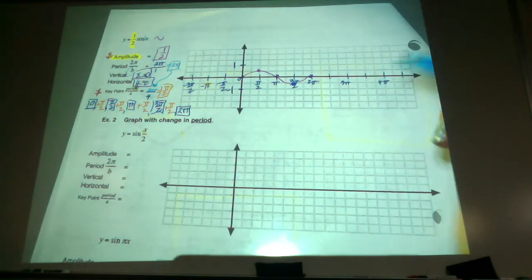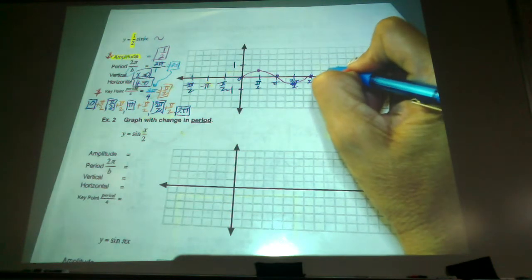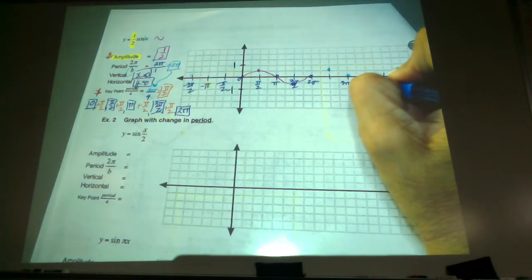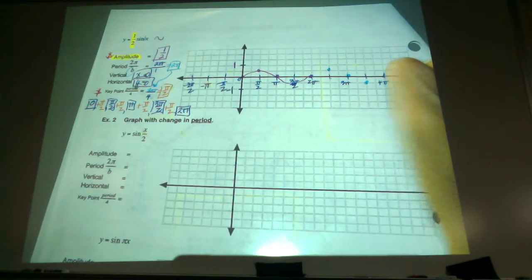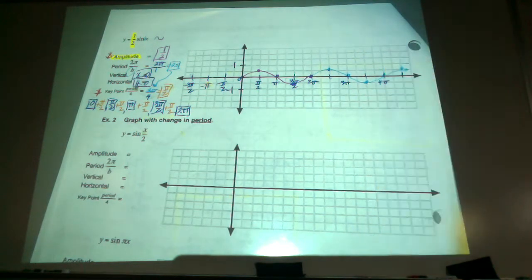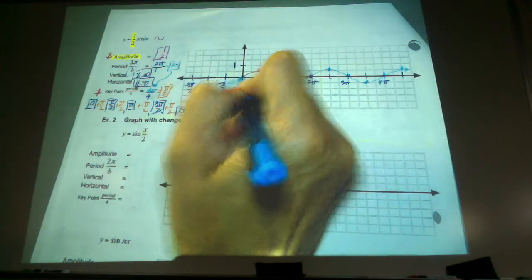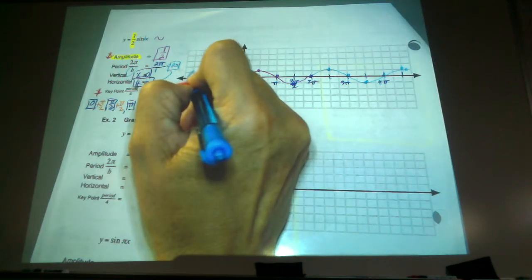It appears to be good. Finish out that pattern. So I started here at 0, so I'm going to go up, 0, down, 0, up. And on the left, I was already up, so from 0, I'm going to go down, 0, up.